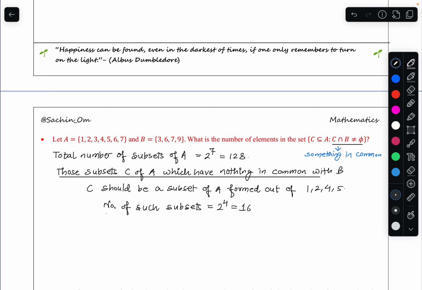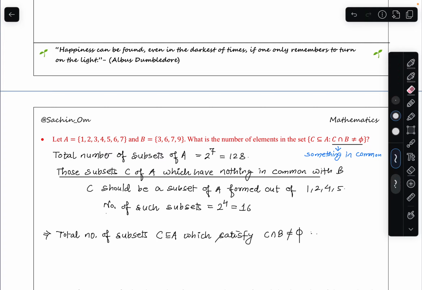But since this is not what I'm looking for, the question asks me to find all those subsets of A which have something in common with B. This is the case where I have nothing in common with B. So the total number of subsets of A which satisfy C intersection B not equal to the empty set would be from the total number of subsets of A that I have, which are 128 in number.